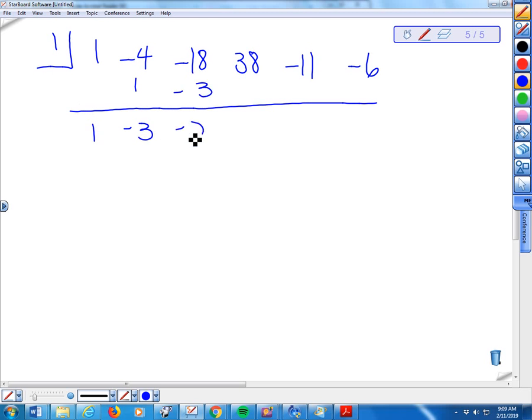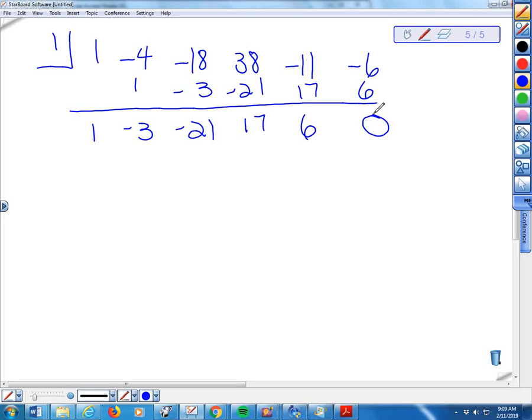Add, multiply. Add, multiply. Add. This is like happy day. My very first choice ended up being one of the solutions. It's awesome. No? Okay. Sometimes you have to do this multiple times until you find one that works.